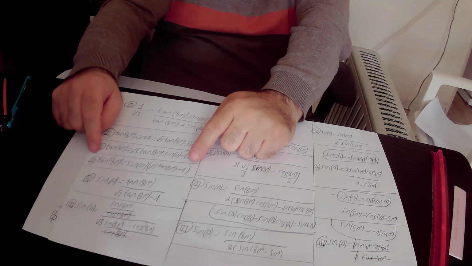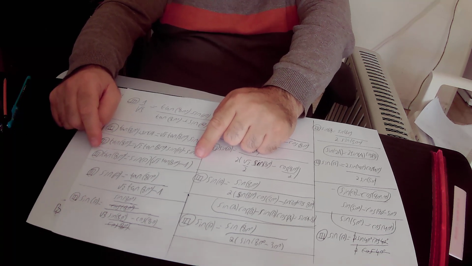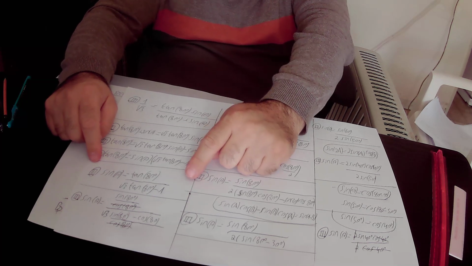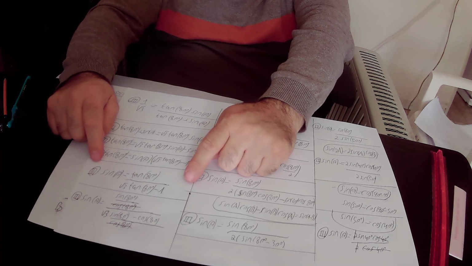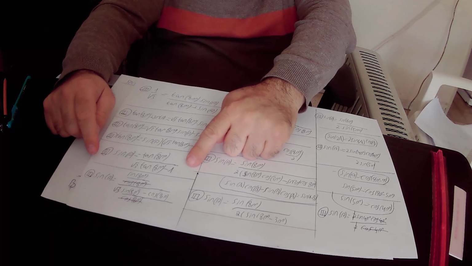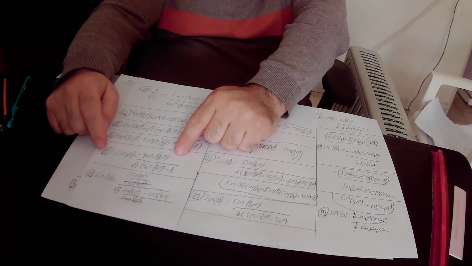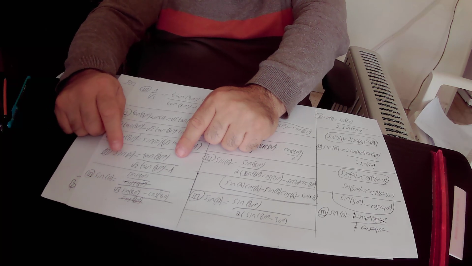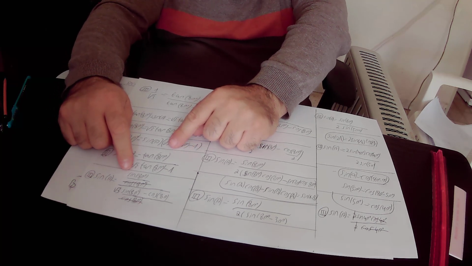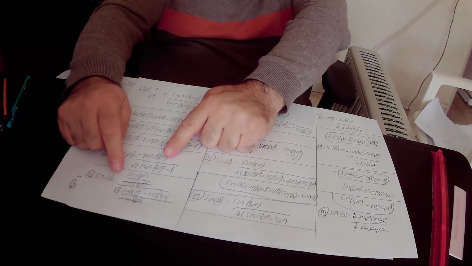Then we divided equation number 3 by square root of 3 times tangent 80 degrees minus 1, and we got that sine theta equals tangent 80 degrees over square root of 3 times tangent 80 degrees minus 1. Here we substituted tangent 80 degrees by sine 80 degrees over cosine 80 degrees.